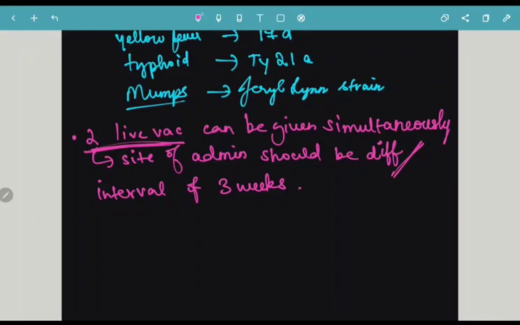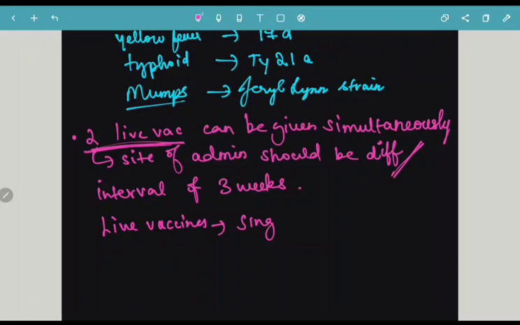Now in case of live vaccines, protection is generally achieved with a single dose of vaccine.